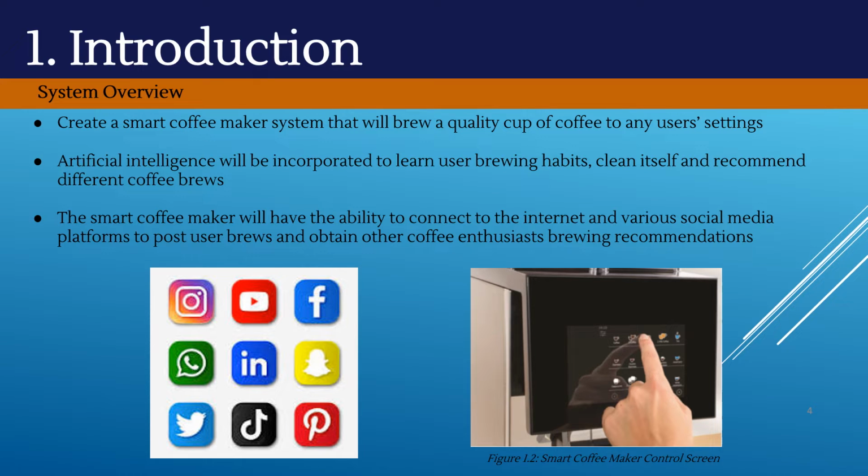This will enable a form of connectivity among coffee aficionados. The AI of the system will be doing that, as well as performing routine maintenance, letting the user know about needed maintenance, not necessarily repairs, but more maintenance, and when there's low amounts of ingredients.